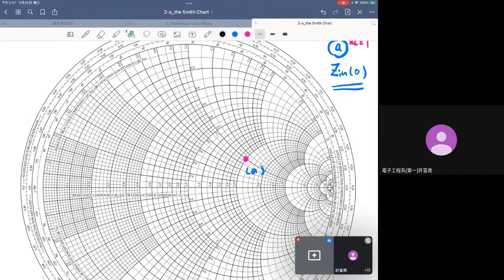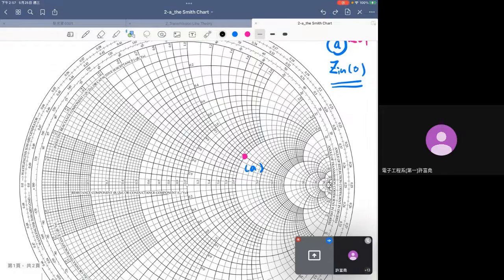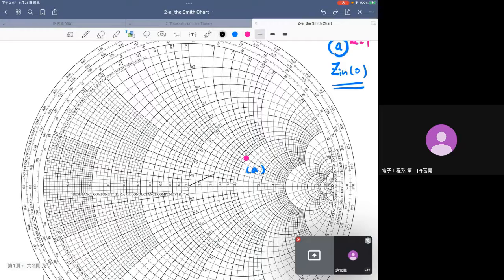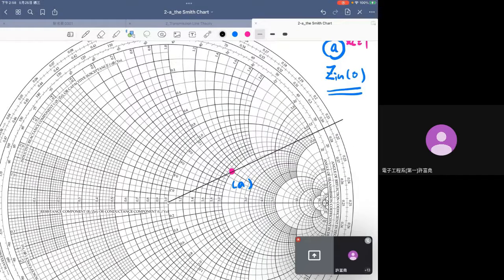Maybe you can find your ruler on your Smith chart, to check what the beginning of the position is.